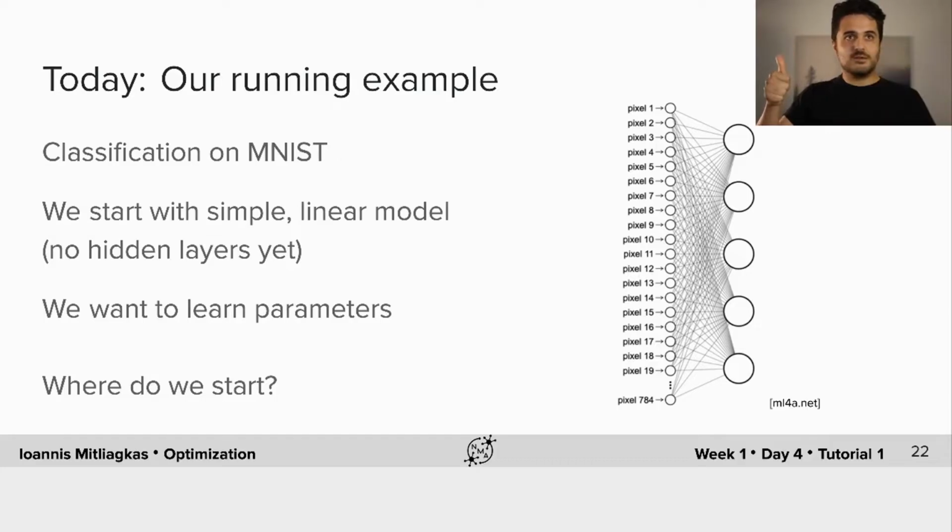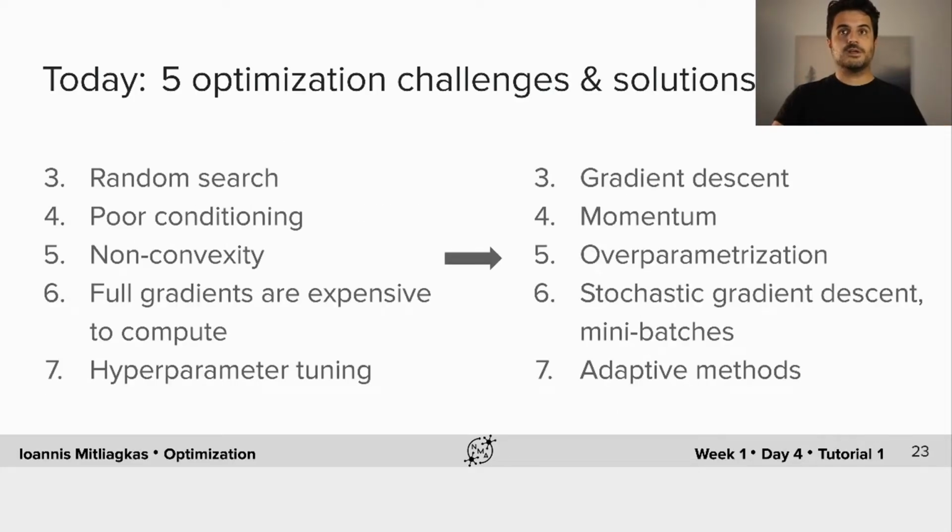We will start with a simple linear model. So for the very first step, there will be no hidden layer. We will add it later, so you can see how the complexity of things changes. And we want to learn the parameters W by minimizing the empirical risk. How do we start with that? What is our first method? It's coming up after.